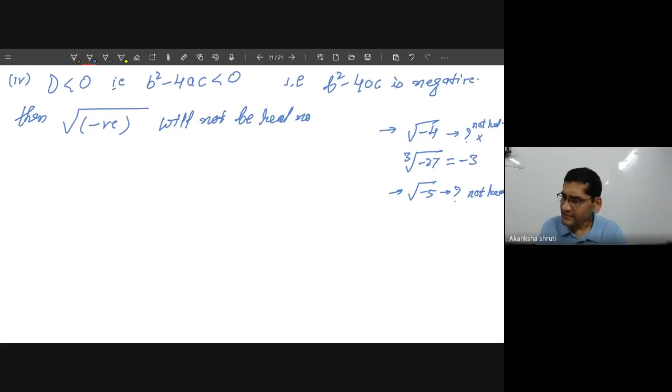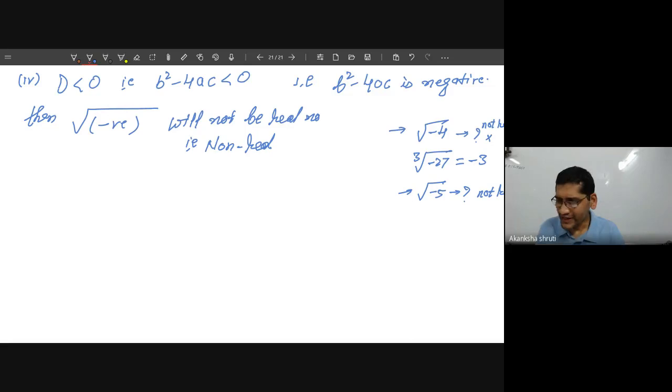Means what is that? It is non-real. Students, these non-real numbers are called complex, or basically imaginary.